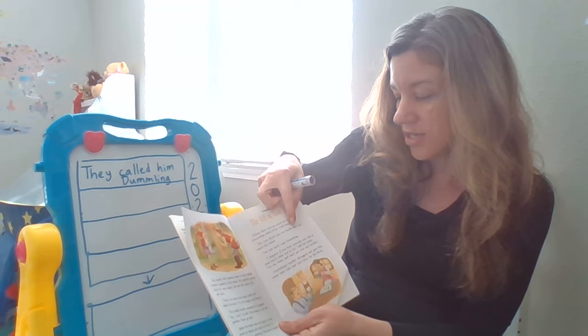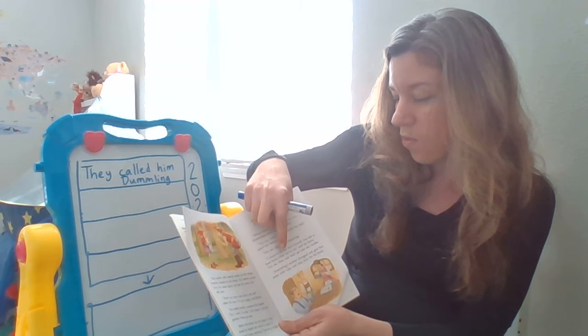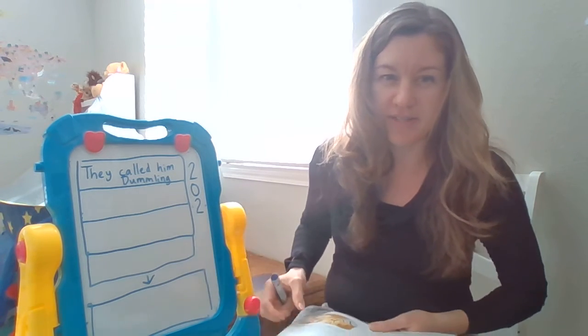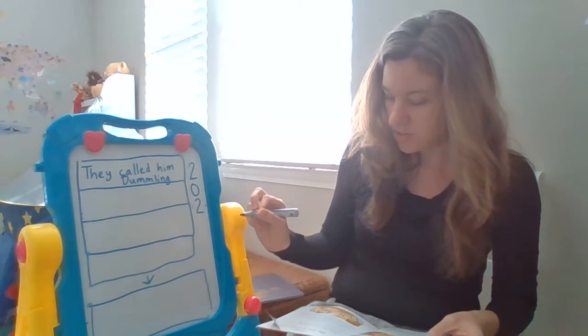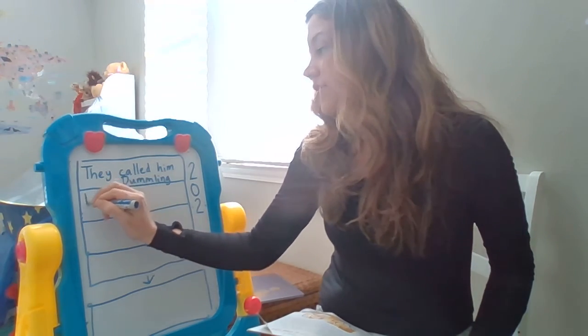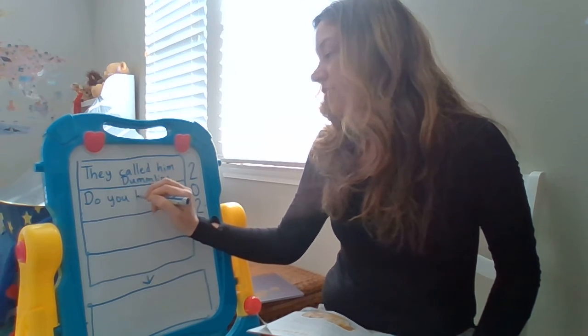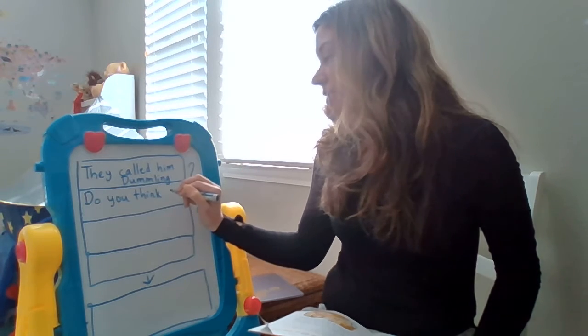'I'm not sure,' said Dummling. 'I suppose if you hurt yourself, you will at least learn what not to do,' said his father." We can see a lack of confidence from the father character. So that question, do you think you can handle the task? That is another clue. And we can list that in our flow map.